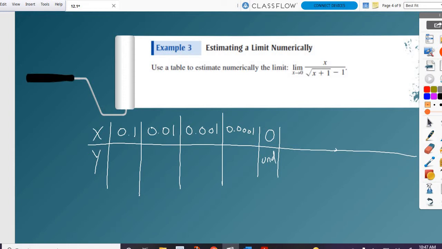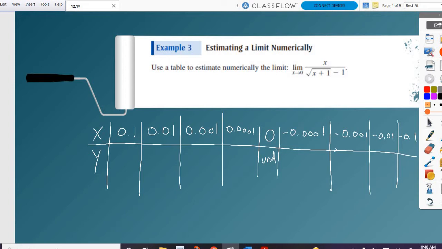Those are my positive values, but what can we also do? We can also have negative values, and we get close to -1 as well. So you probably want to use a calculator.